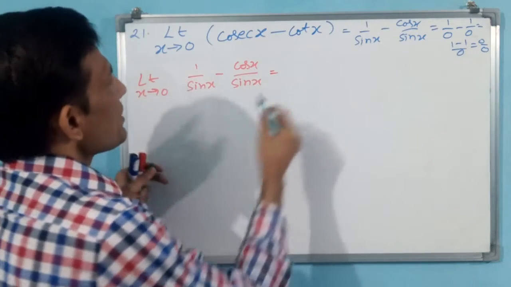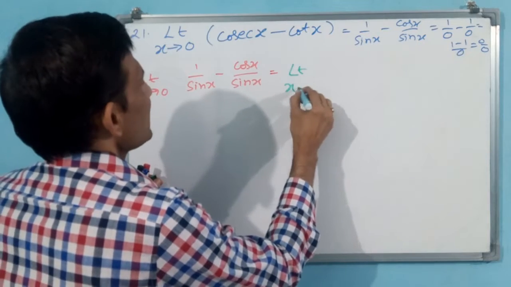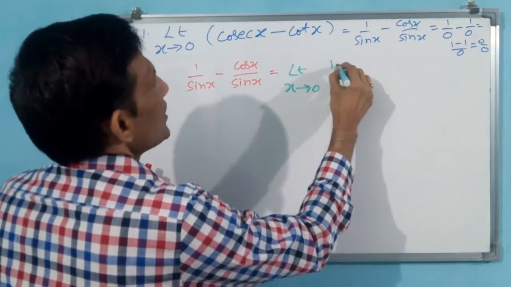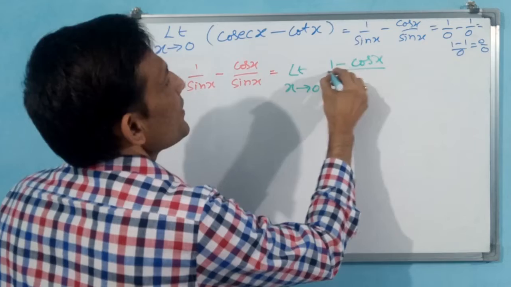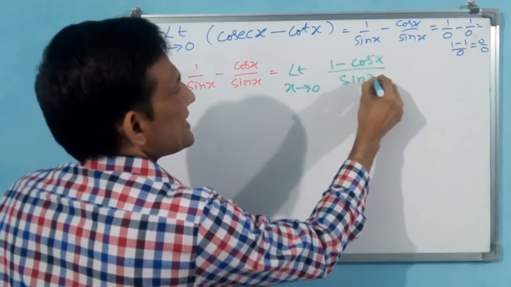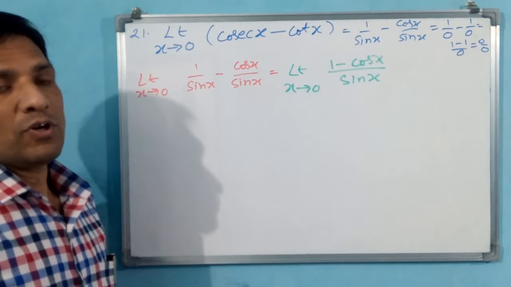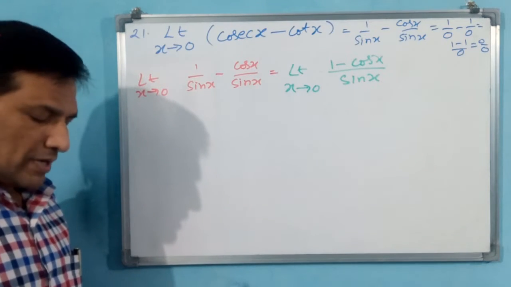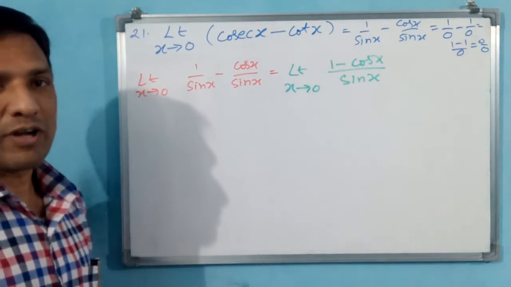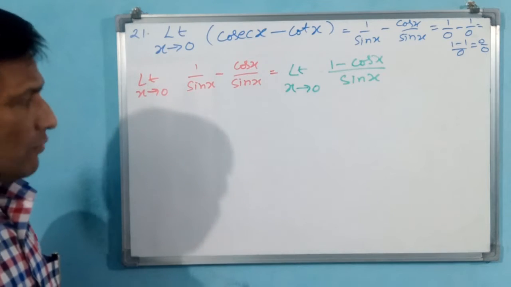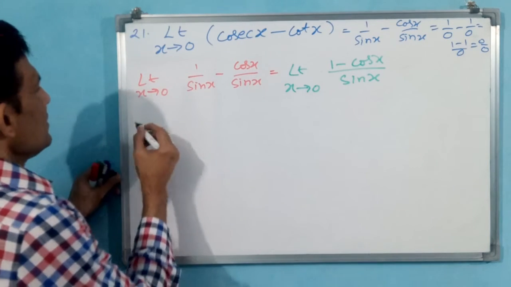If you take sin x common, limit x tends to 0, 1 minus cos x by sin x. What is the advantage? 1 minus cos x you can convert into 2 sin square x by 2. Accordingly, the denominator also you have to convert into x by 2 form. Okay, let me do it.